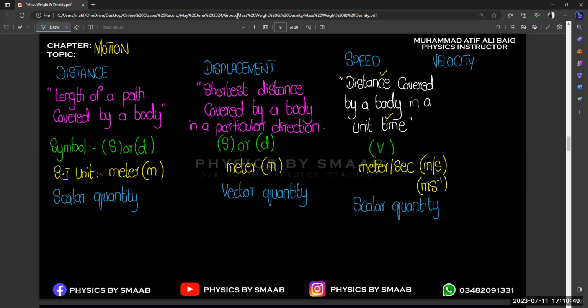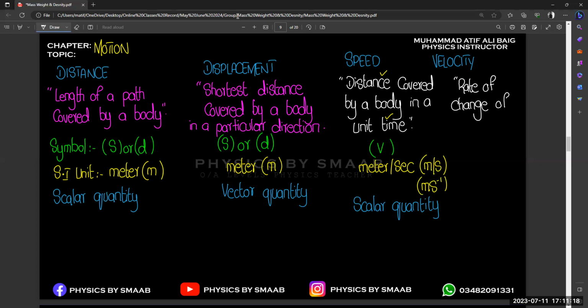So the definition of velocity is, okay, there is one more concept. If you are not going to write in a unit time or a specific time, you may also use the word rate. Rate of change of displacement, rate of change of distance, right? Let's suppose you want to write the definition for velocity. So basically rate of change of, speed.